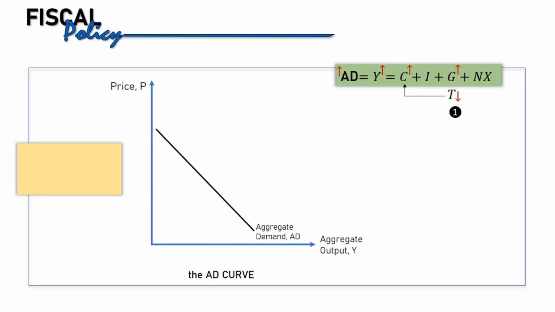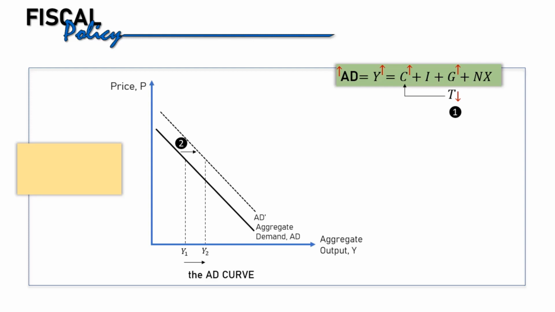So since the change in tax and government spending affects aggregate demand at any given price, fiscal policy would shift the AD curve. Y will be higher or lower at any given price as a consequence. What we have to know as well is that when G increases or tax decreases, for instance, aggregate demand or Y increases, but it doesn't stop here.